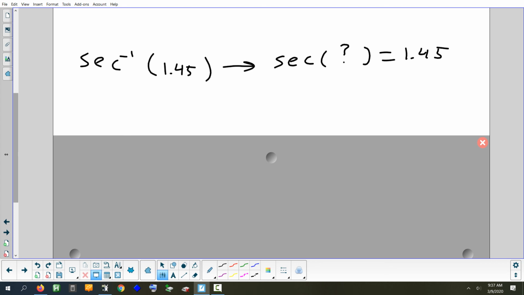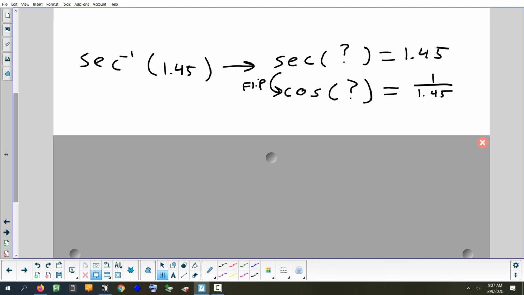Like if you add 1 to both sides, that's fine. Multiply both sides by 12, that's fine. If you flip both sides, that's fine. If you flip the secant, you now have the cosine. So I'm just going to put what we did from here to here. We flipped. And if you flip 1.45, you have that.